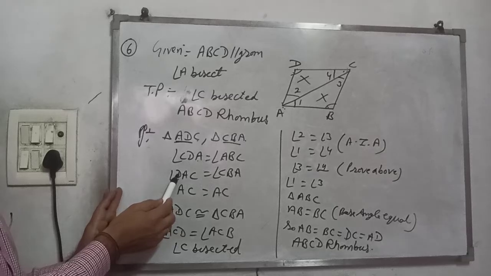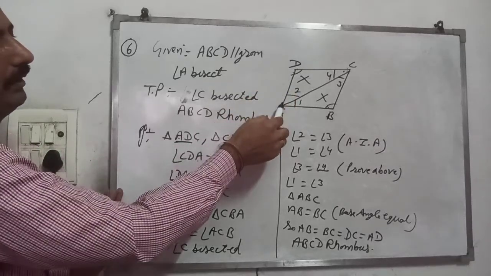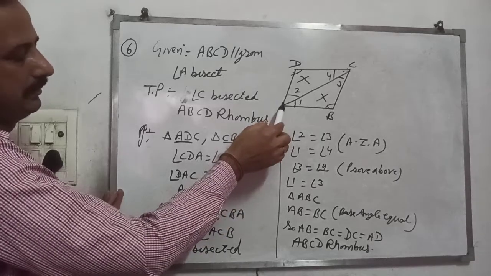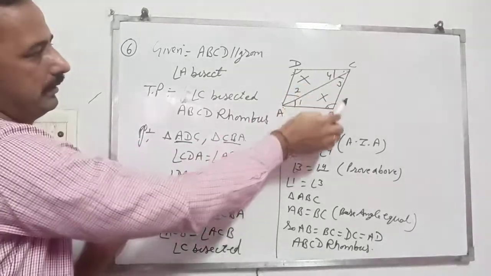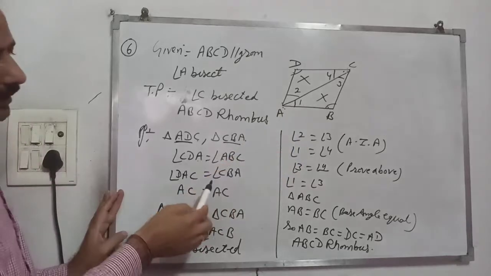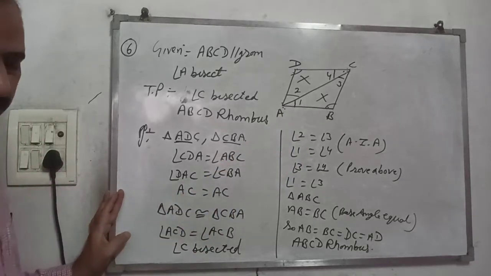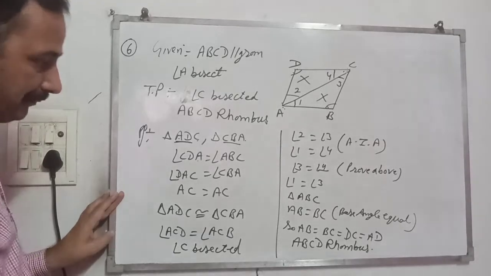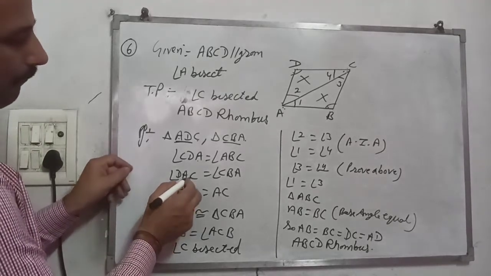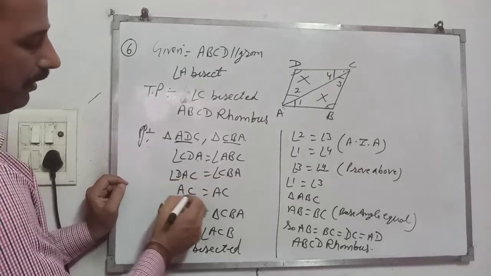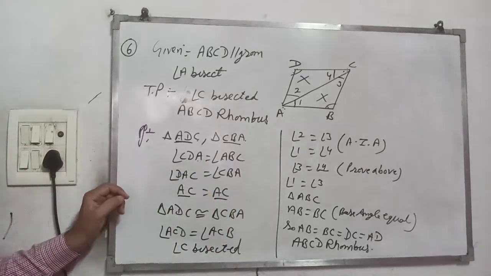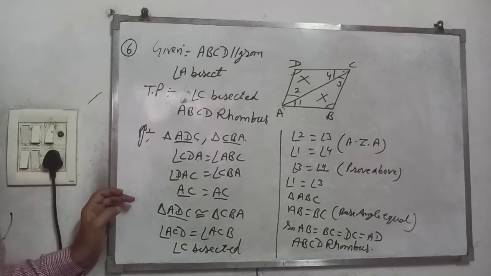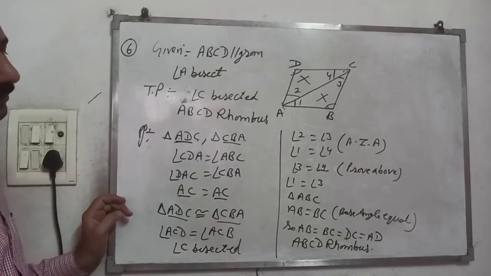Now DAC and CBA. AC equal to AC, right? So ADC is congruent to CBA.